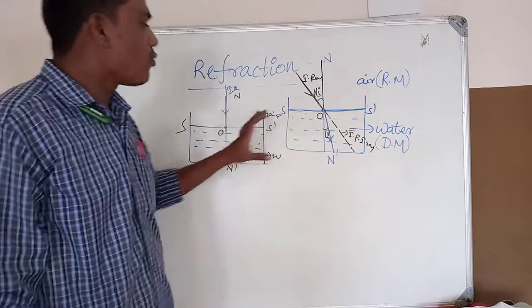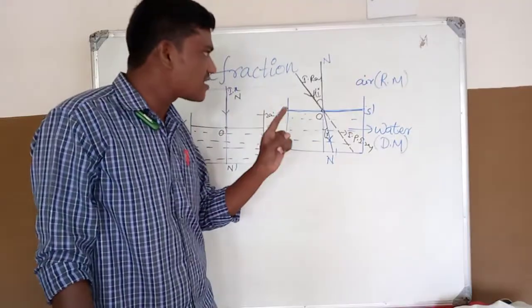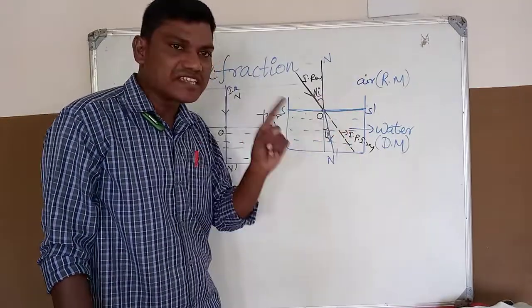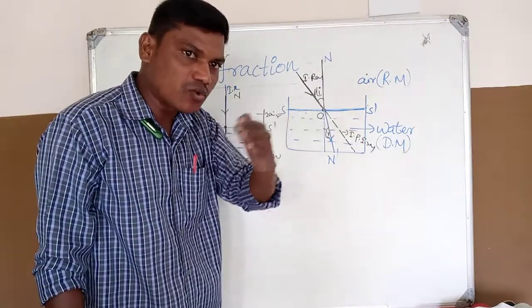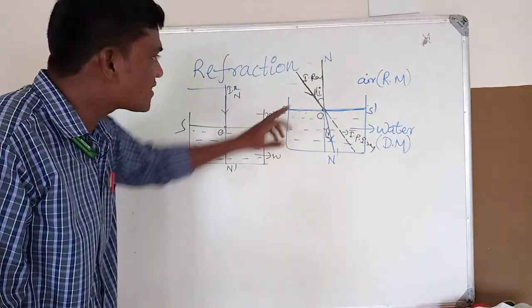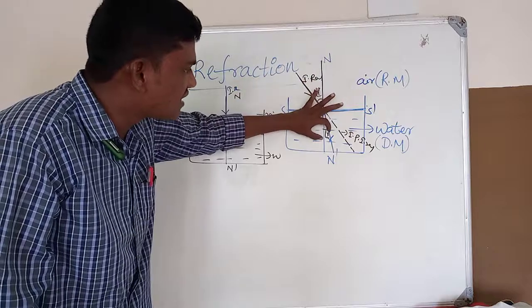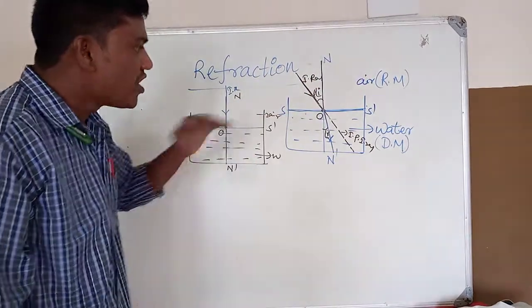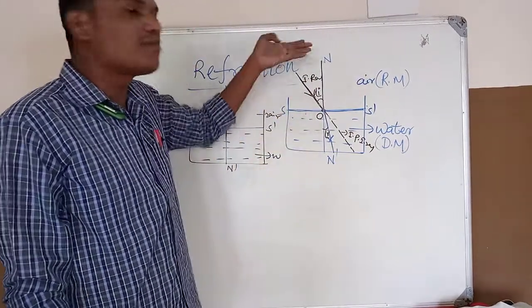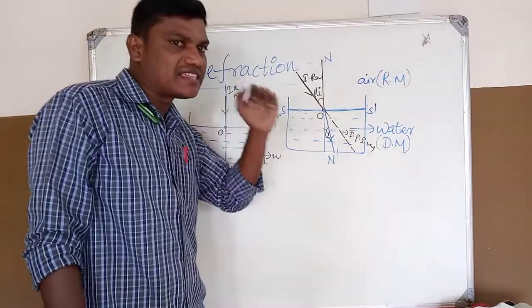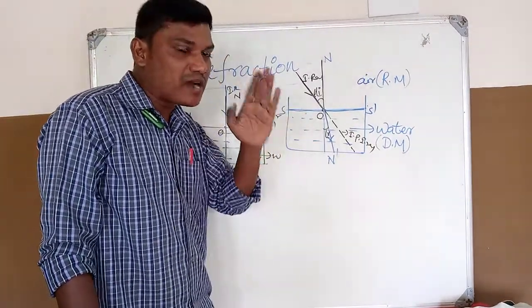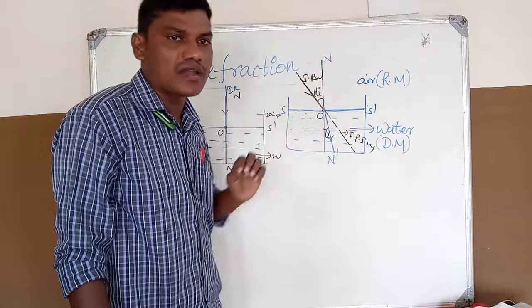Okay, so what we discussed here: when light travels from rarer to denser, it deviates from its path and moves towards the normal. At that time, the angle of incidence is greater than the angle of refraction. If light travels from denser medium to rarer medium, the light ray deviates from its path, but it moves away from the normal.